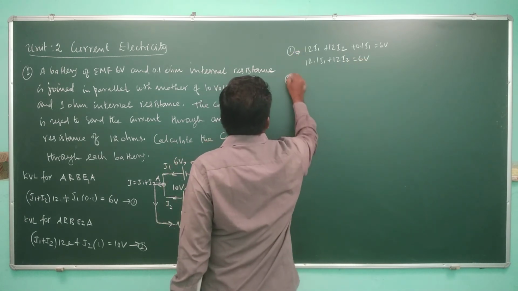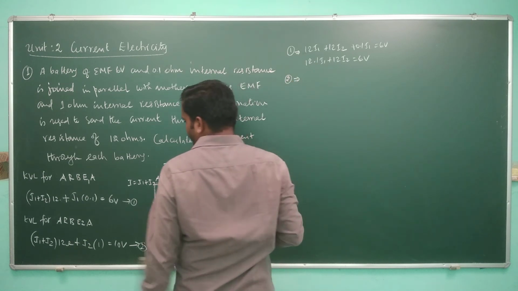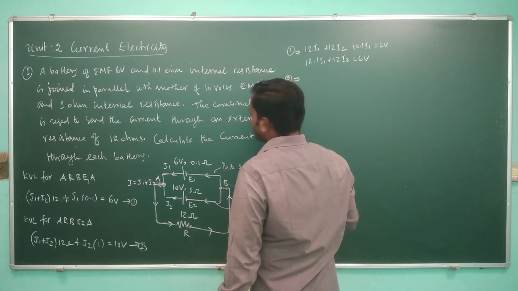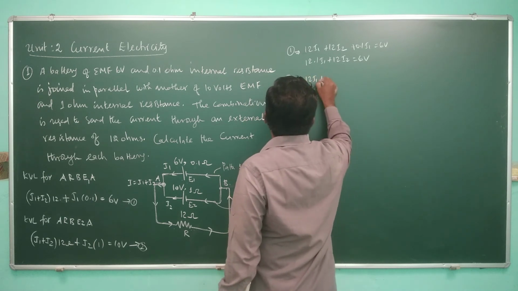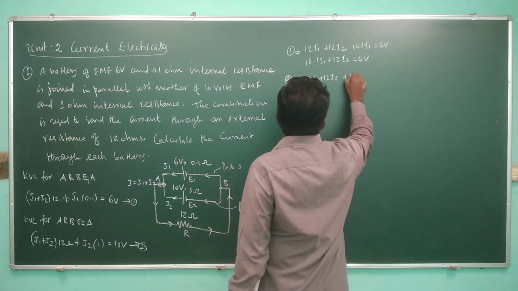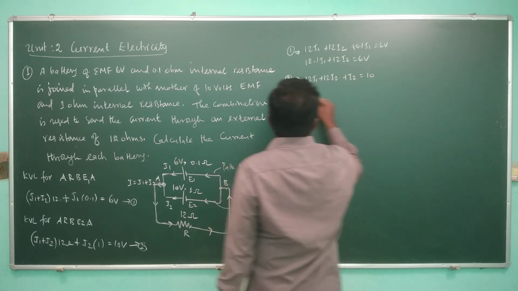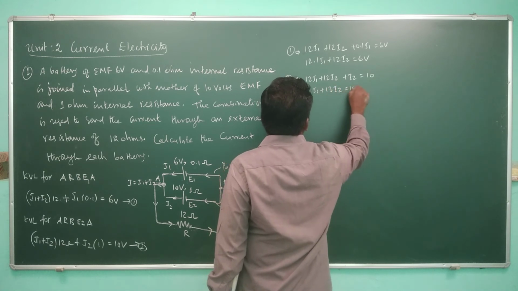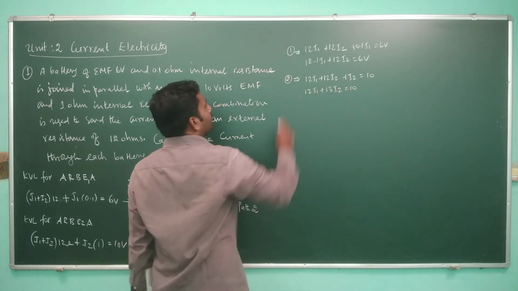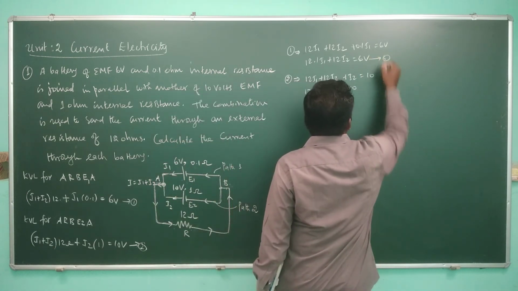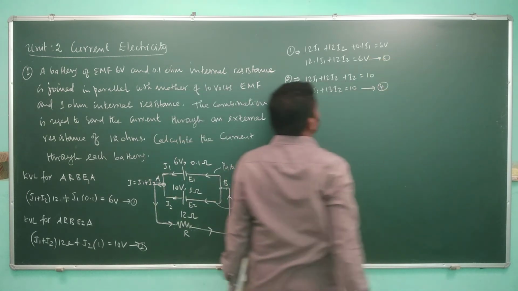And from equation number 2, you can expand it: 12 I1 plus 12 I2 plus I2, which is equal to 10. That is 12 I1 plus 13 I2 equal to 10. Now solve these two equations. This is equation number 3 and this is equation number 4.